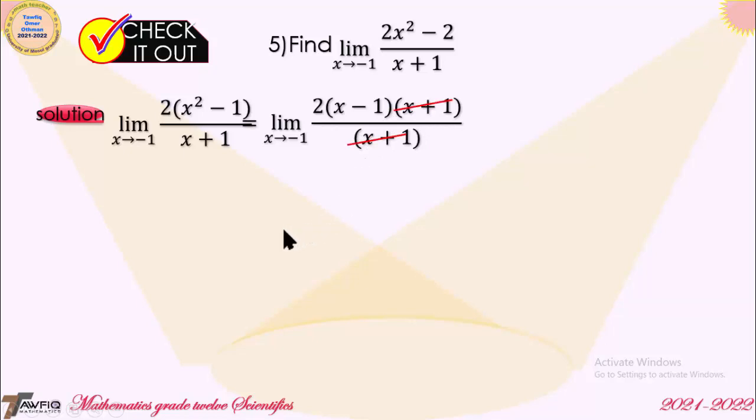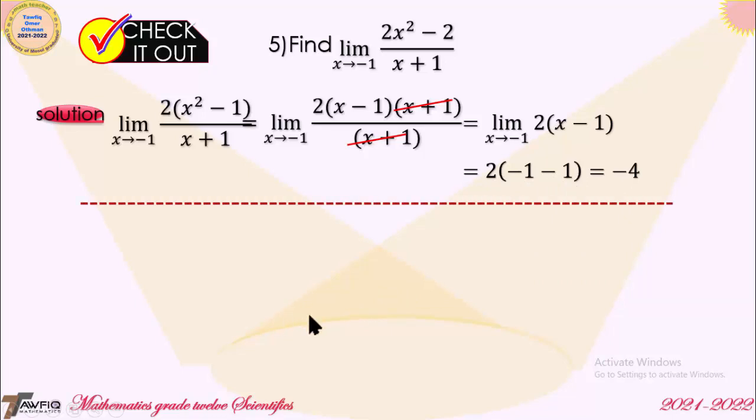Cancelling x plus 1 with x plus 1, it remains the limit as x approaches minus 1 of 2(x minus 1). Replacing minus 1, 2 times minus 2 is equal to minus 4.